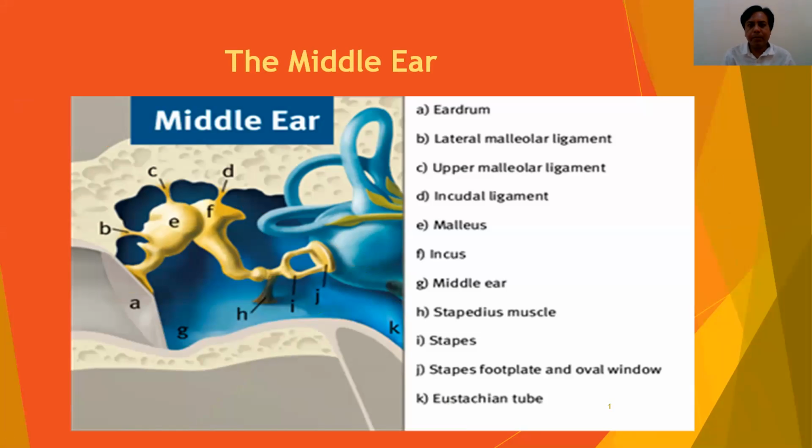Lateral malleolar fold, upper malleolar ligament, incudal ligament, malleus, incus, middle ear, stapedius muscle, stapes, stapes foot plate and oval window, and Eustachian tube. These are part of middle ear.